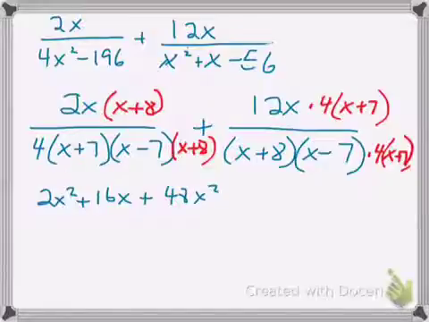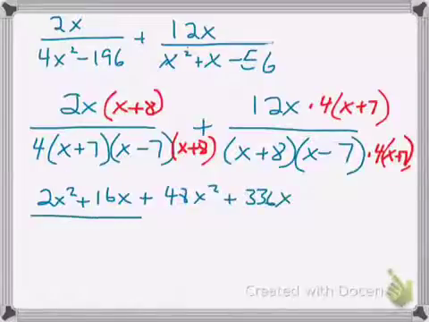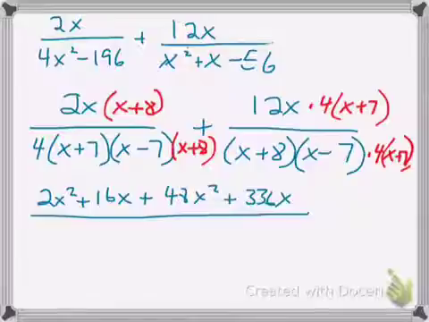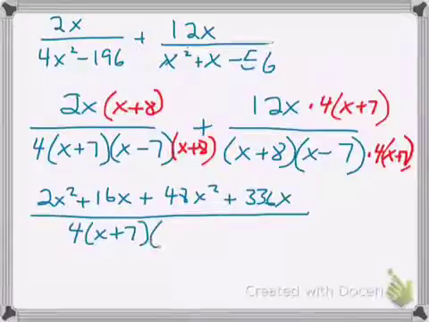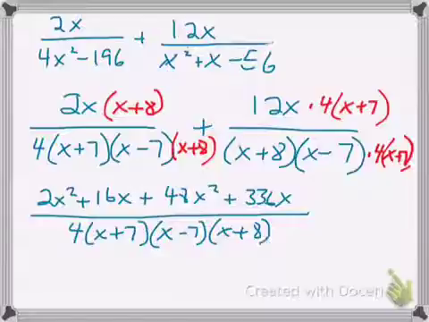What's 48 times 7? 336. It is 336x. That is all over 4 times x plus 7 times x minus 7 times x plus 8. What a mess.